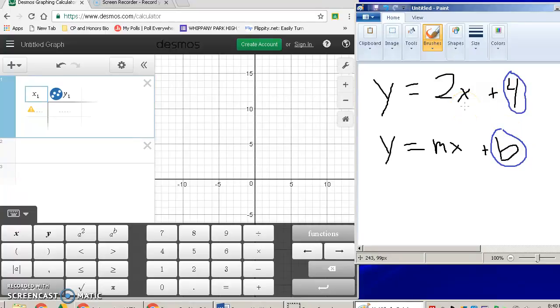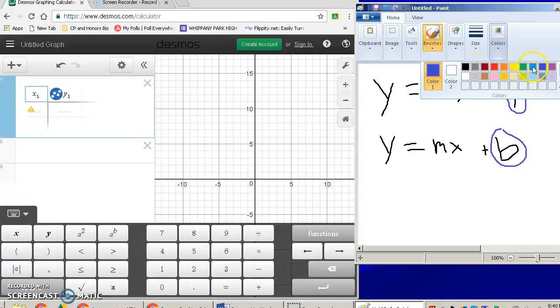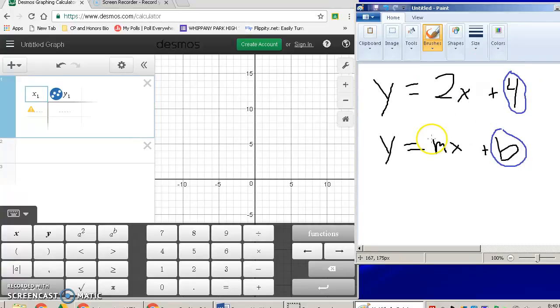Then our slope, which we know we can get from doing rise over run, or taking our y values over our x values. We know that slope is usually referred to as m in our slope formula. So in our example, 2 here should be our slope.